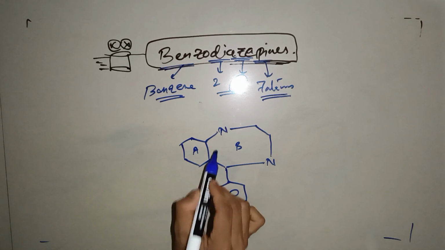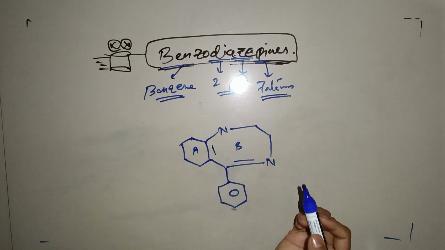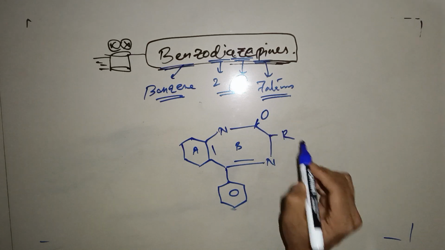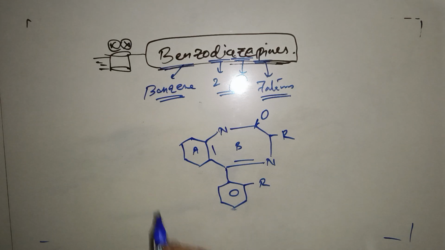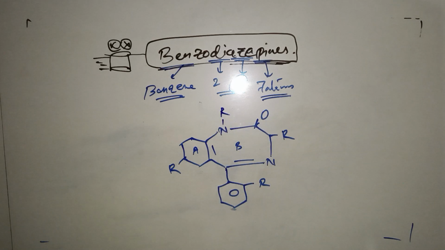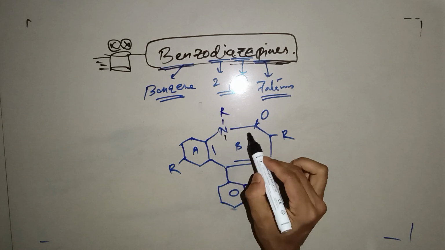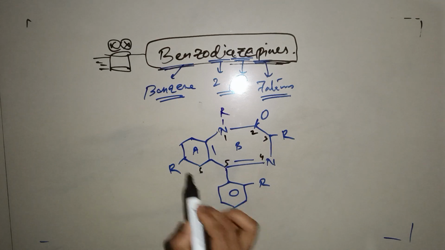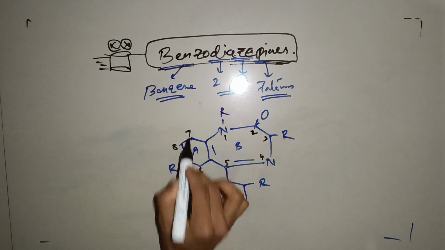Now we have to learn what the different side chains present are. Most importantly, first of all we have to number. Start numbering from N, because we know the OSNP rule: we have to start numbering from N. So 1 2 3 4 5 6 7 8 9.